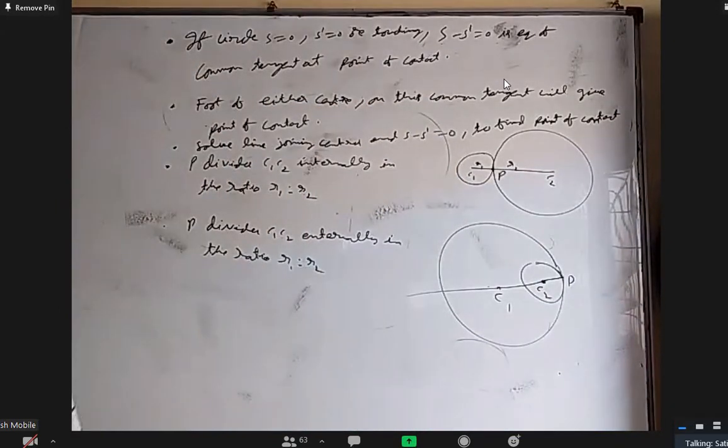Like that also you can do. If somebody is not able to read: solve the line joining centers and that common tangent S minus S dash equal to 0 to find the point of contact.